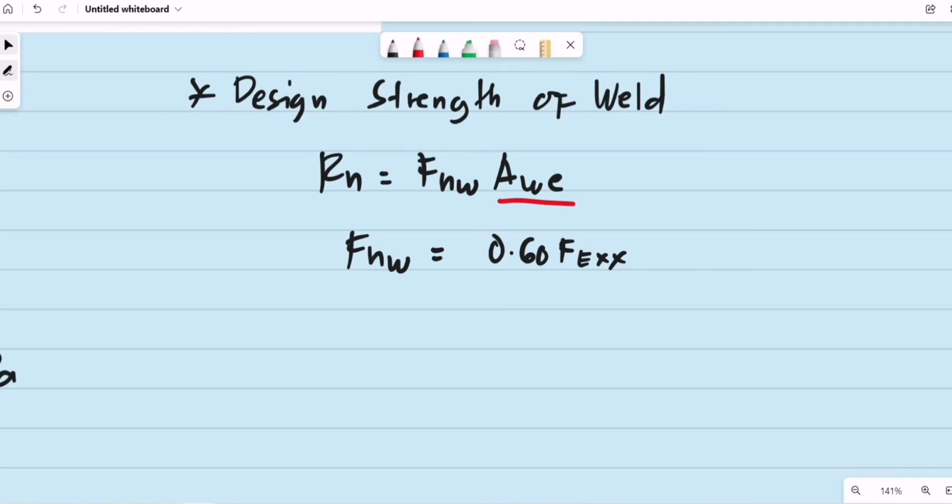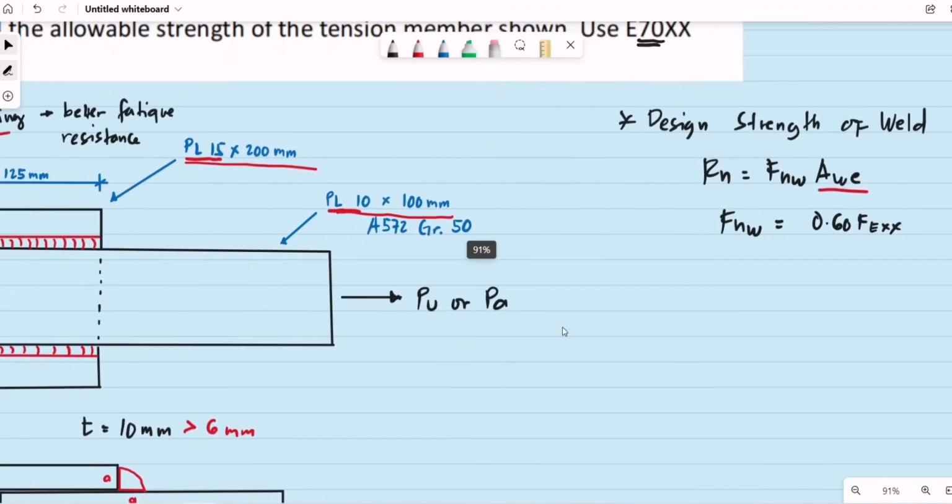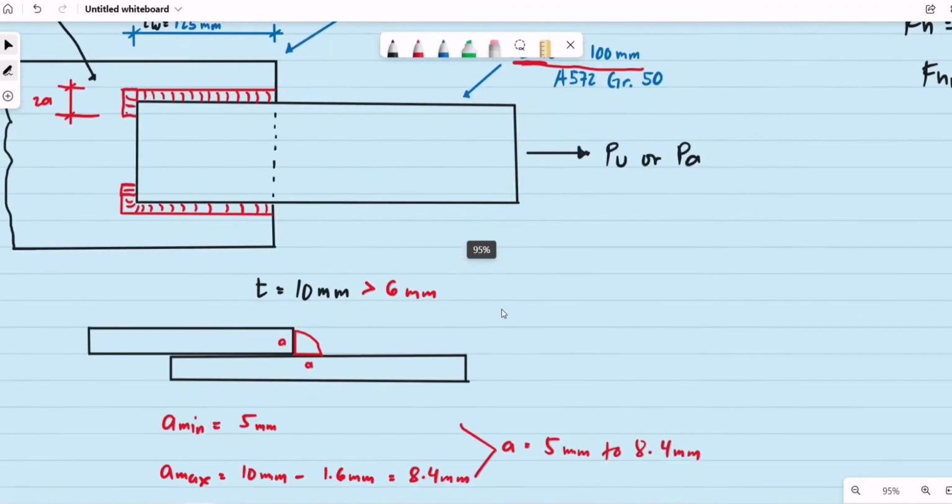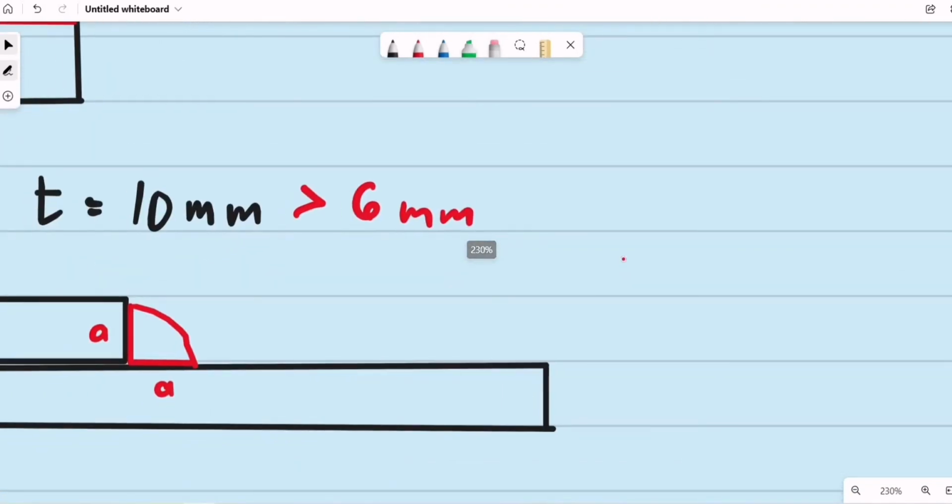so again, this is the throat of the fillet weld. So this is 45 degrees.